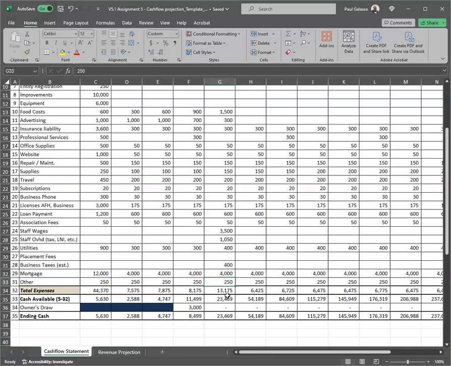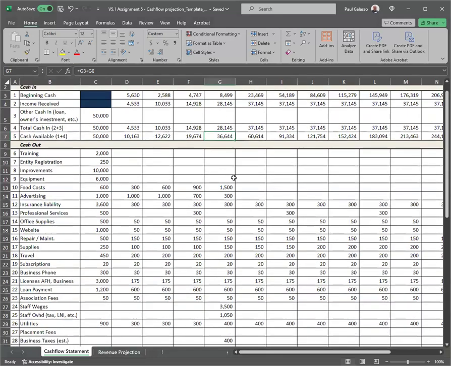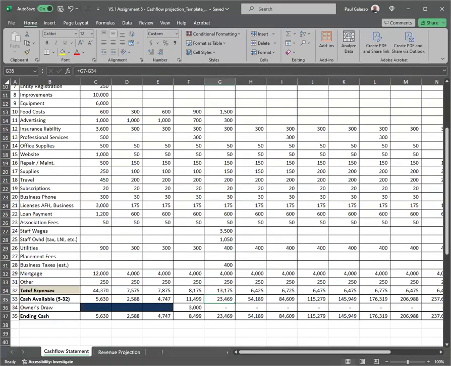So our expenses are now $13,175. We subtract that from our cash available at the beginning of month 4 of $36,644, leaving us $23,469 cash available at the end of month 4.